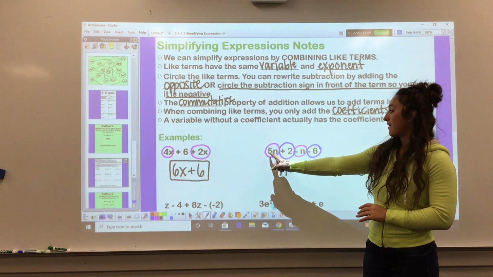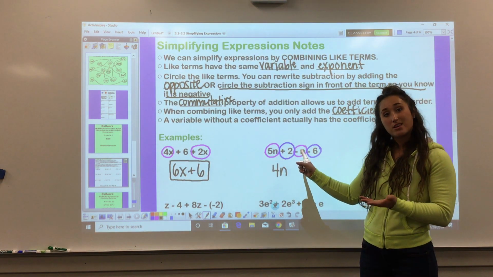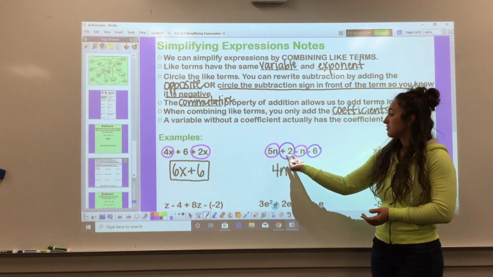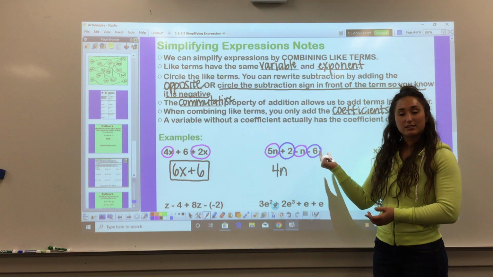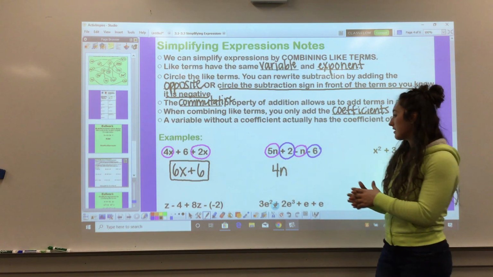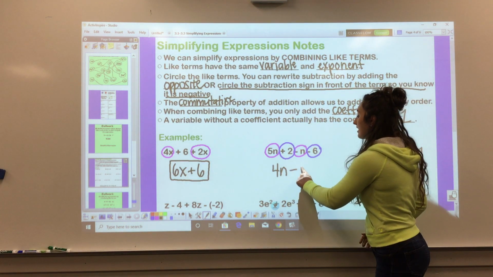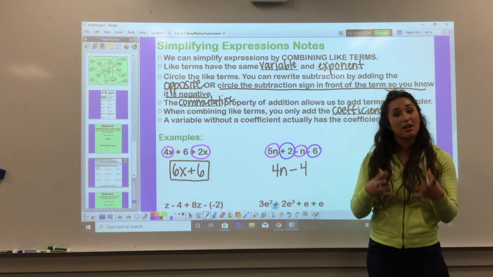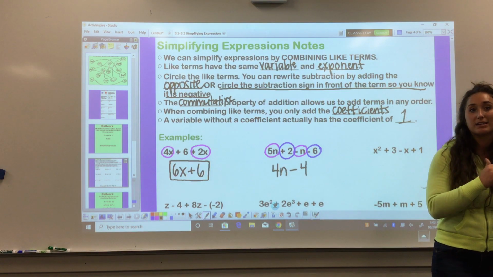Because really that's like 5 plus negative 1, which is 4. And then 2 and negative 6, when I combine 2 and negative 6, that's negative 4. So I could write that as plus negative 4 or minus 4.